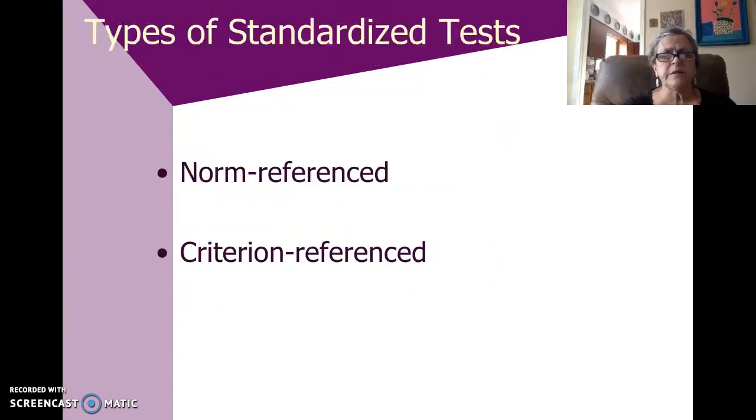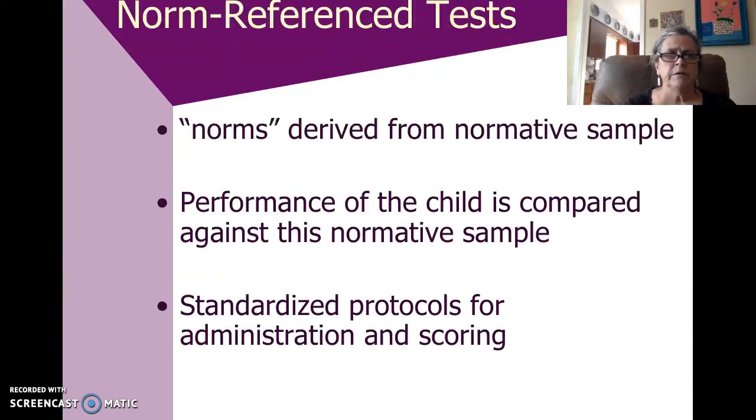So there's basically two kinds of standardized tests that we use: norm referenced and criterion referenced. The norm referenced tests means that the normative data that you are comparing the child to was collected from a sample of children.